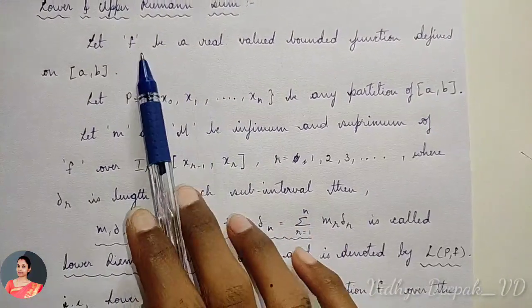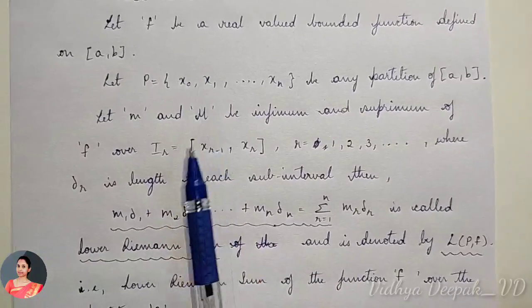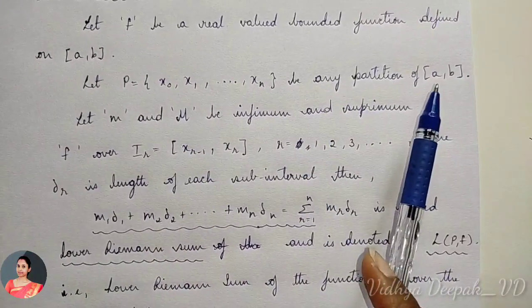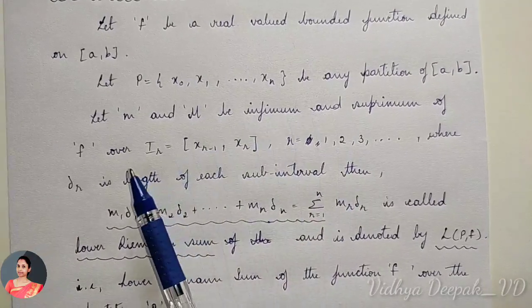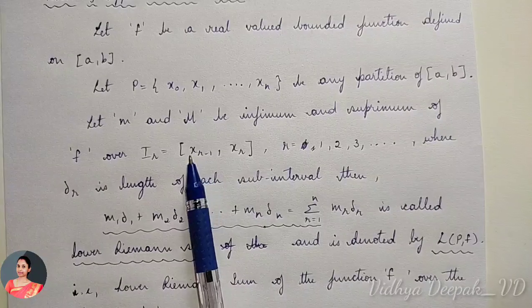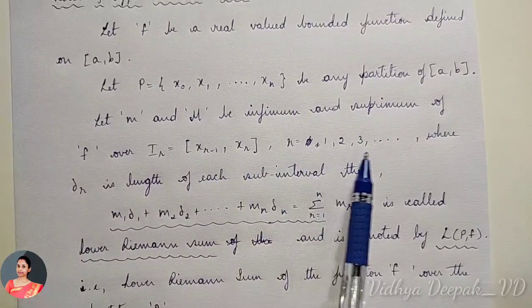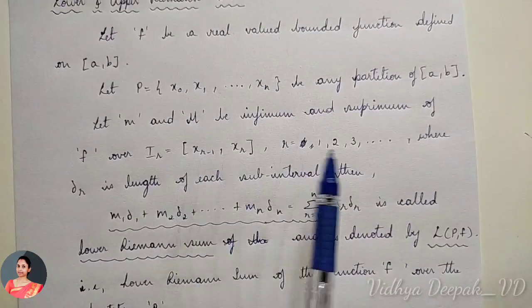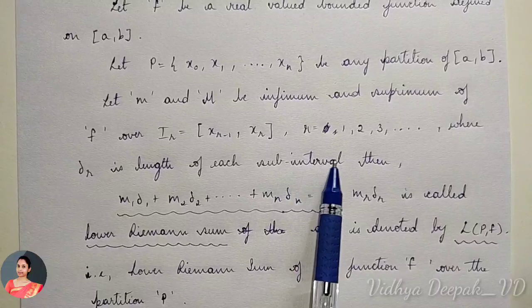We are taking f as a function and P as a partition in the closed interval [a, b], and small m and capital M are the infimum and supremum of the function over the closed interval I_r equal to [x_(r-1), x_r], where r is 1, 2, 3 etc. And delta r is the length of each subinterval.